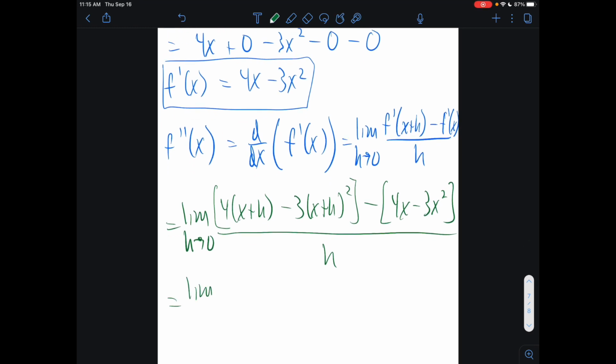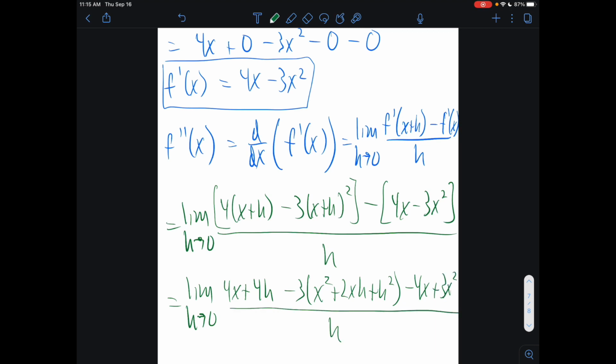which gives us the limit as h approaches 0 of 4x plus 4h minus 3 times x squared plus 2xh plus h squared minus 4x plus 3x squared. Already I have some stuff that will be able to cancel out, this 4x and that minus 4x.